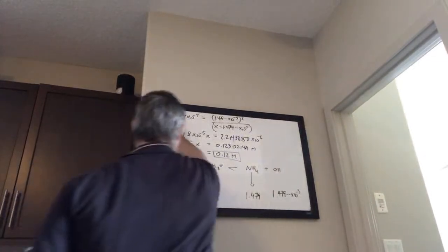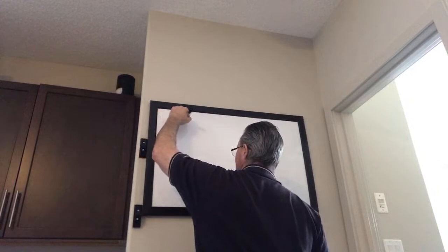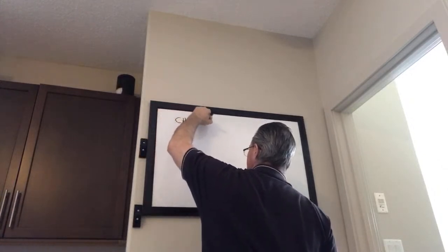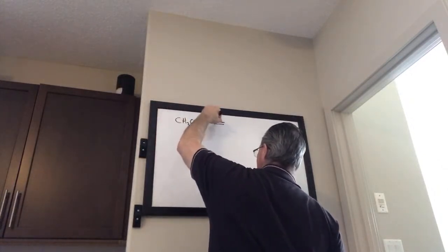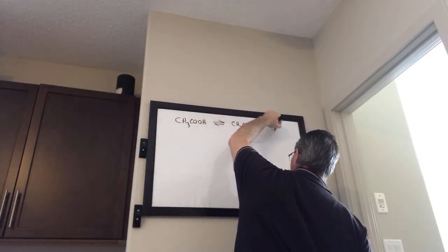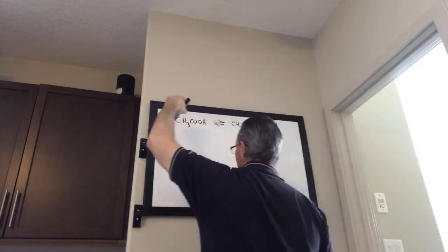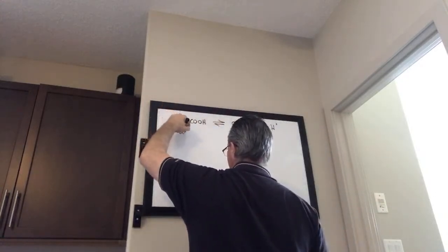So let's just draw that for a moment. Suppose you have the vinegar, acetic acid, CH3COOH. It dissociates to give you the acetate anion and a proton. Okay? This is the acid.